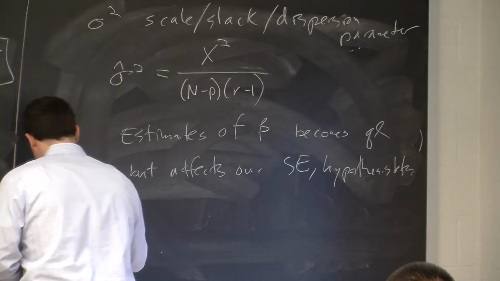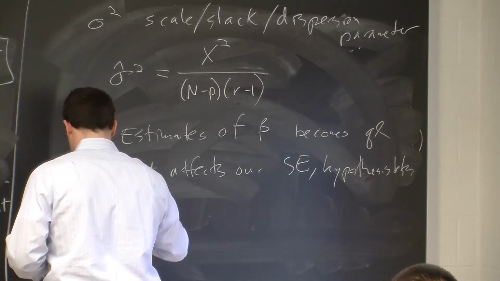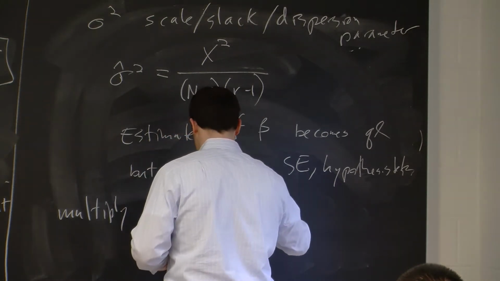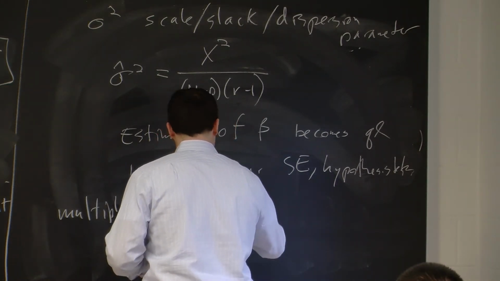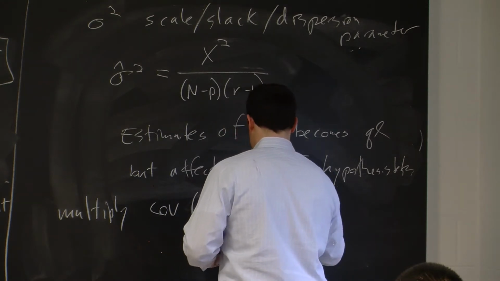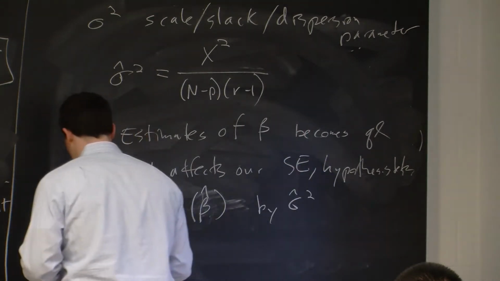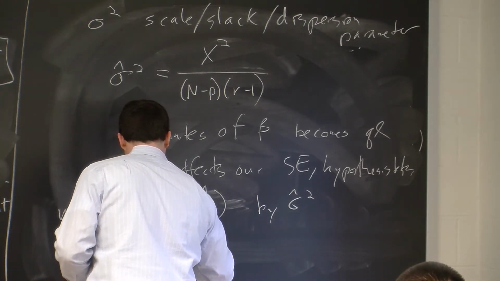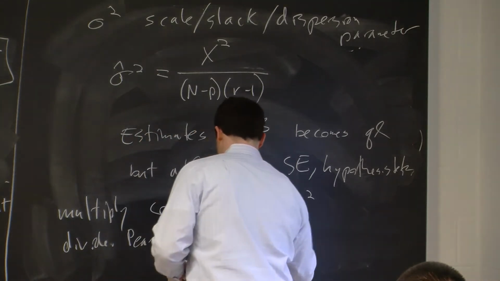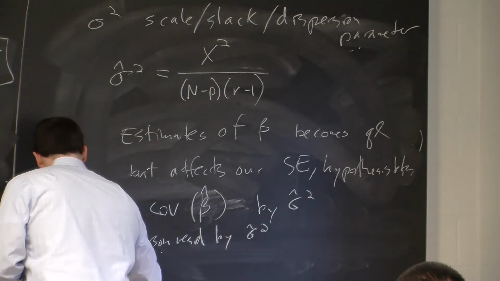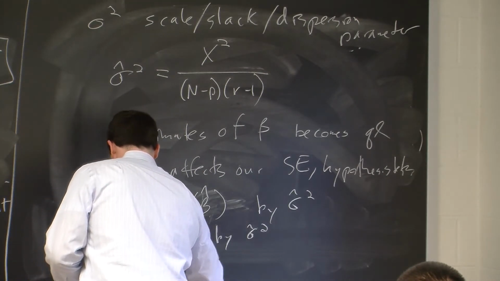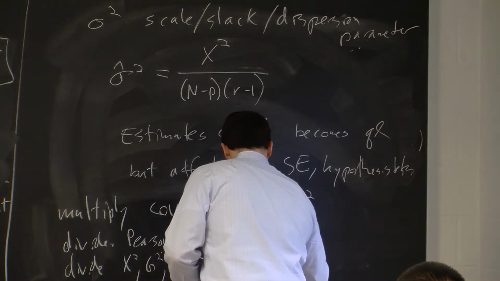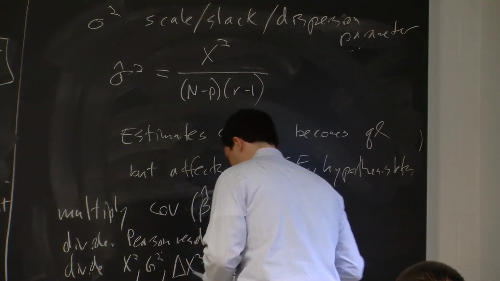And the adjustments we have to do is multiply the covariance matrix, the covariance of beta hat, which is given to you by the software for our purposes, by this adjustment parameter, divide the residuals by this adjustment parameter, and divide chi-squared, g-squared, delta x-squared, delta g-squared by this same amount.